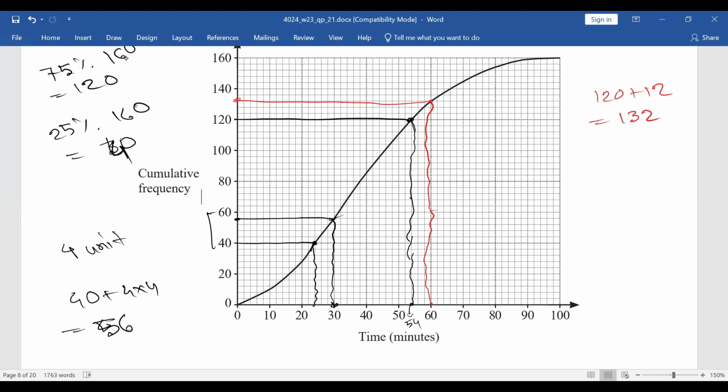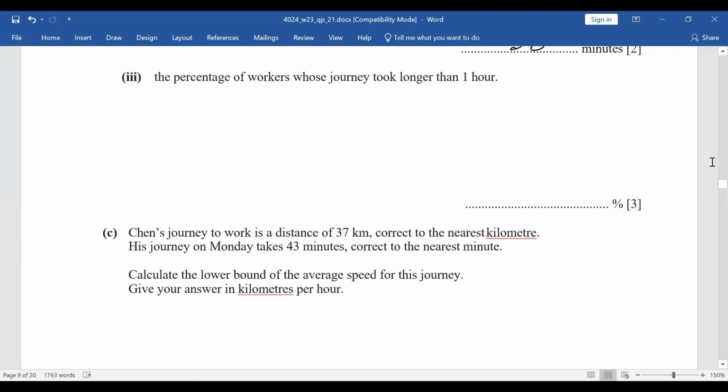So 132 of 160 people took 60 minutes or less time. And the rest of the people, that means 160 minus 132, which is 28. 28 people of 160 had a journey that took longer than 1 hour.